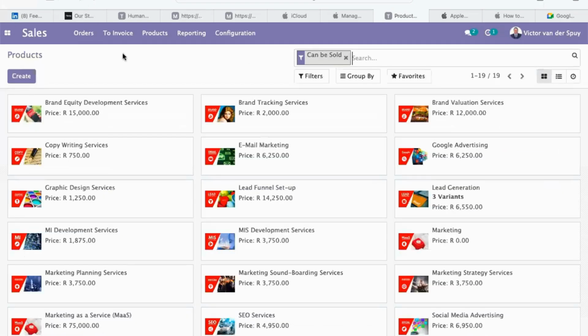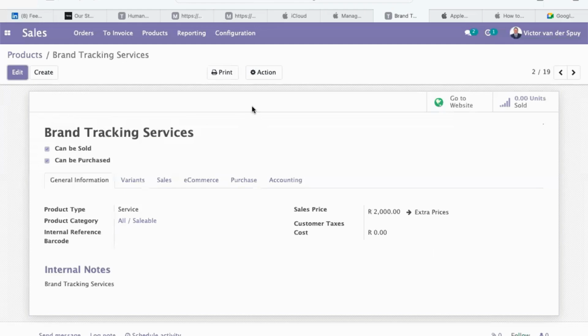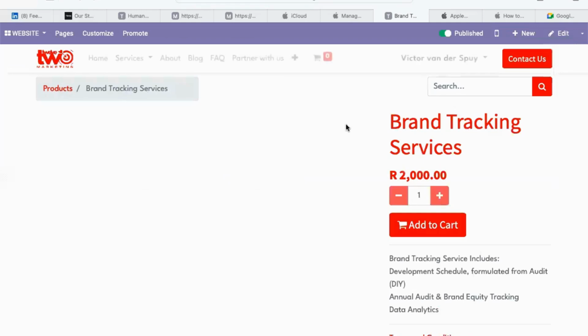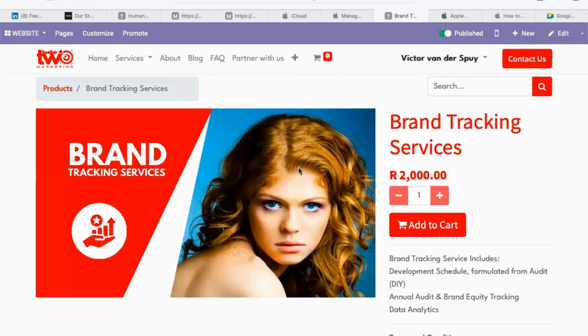All right, almost done. Of course, next down the funnel is the brand tracking service. It's a monthly subscription service that facilitates the annual brand audit and records the new brand value digitally and keeps track of the equity growth.